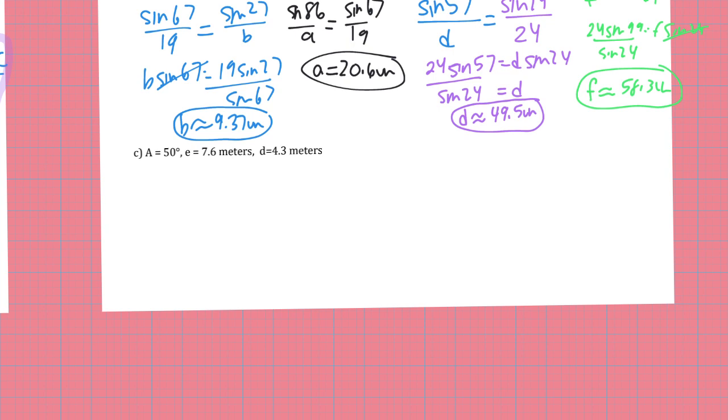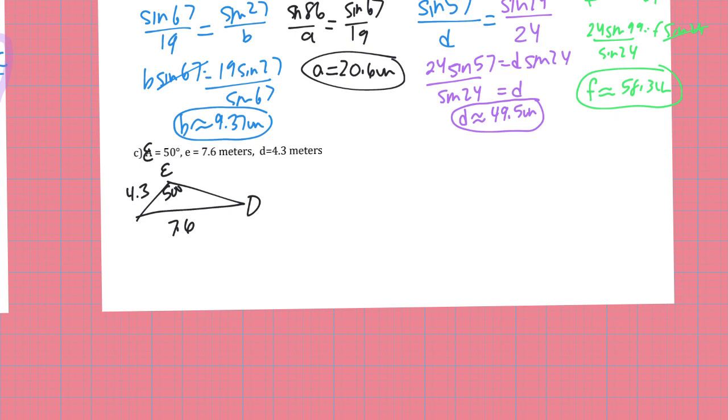The measure of angle E is 50 degrees. So you've got a triangle, and one of the angles, angle E, is 50 degrees. And the length of side E, across from it, is 7.6. And then the length of side D is 4.3. So that means angle D has a side across from it that's 4.3.